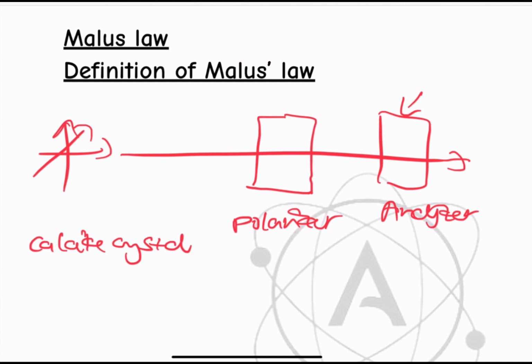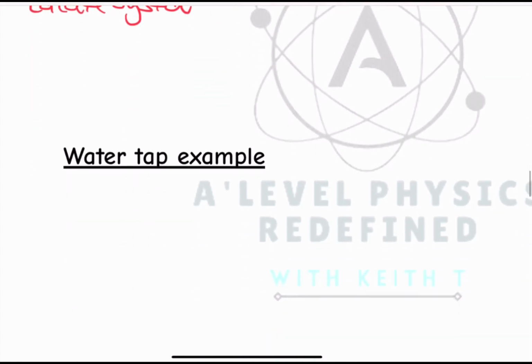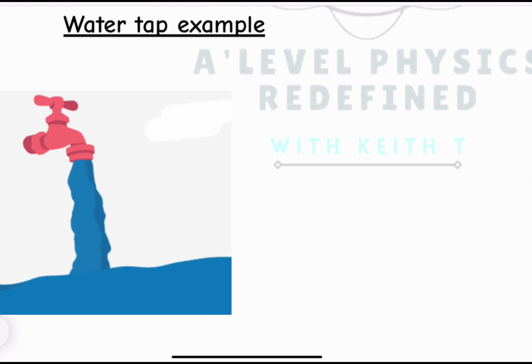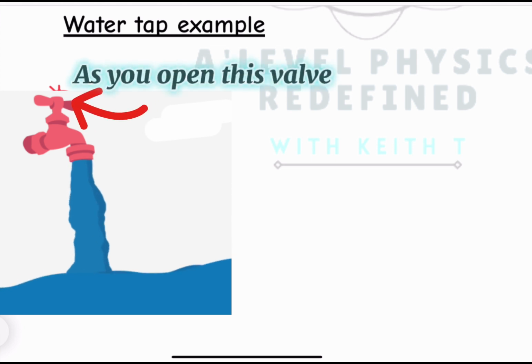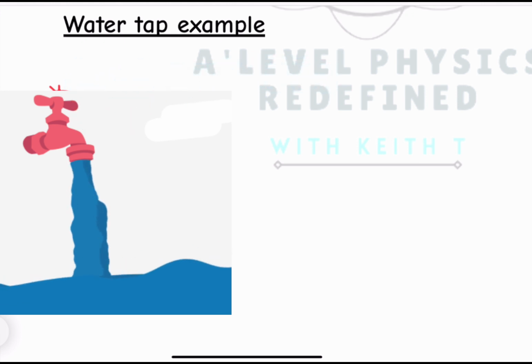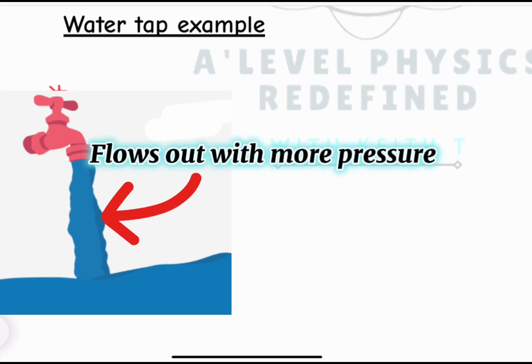A simple way to think about how things change because of a change in angle is to think of a water tap. You've all opened a water tap at some point. As you open the valve, water starts to flow out. But have you noticed that water doesn't just flow out in a large amount or stop? It varies in between. As you open your tap, it flows out with more and more pressure until it flows with full pressure.